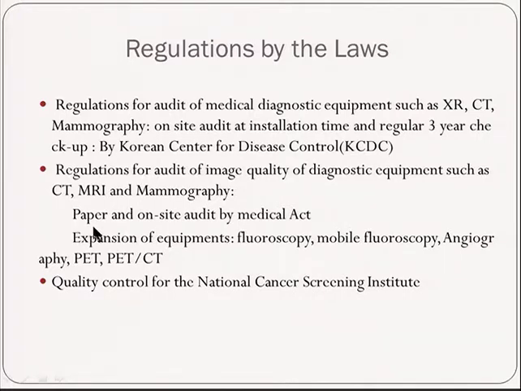This includes paper and on-site audit under the Medical Act, and they are planning to expand it to other equipment, but not yet. The third is quality control for the National Cancer Screening Institute, and it includes quality control of the screening equipment, including X-ray, mammography and fluoroscopy.